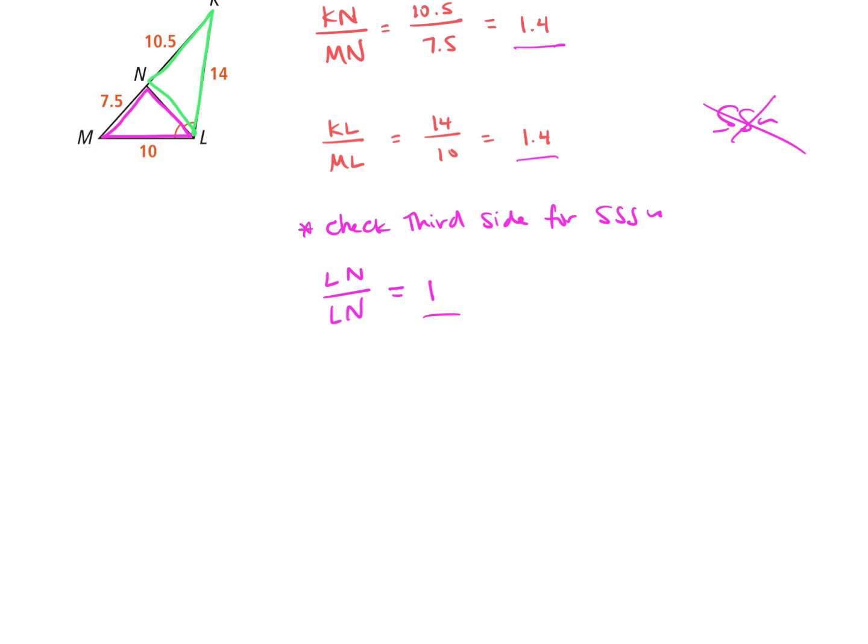So are the triangles similar? Two of the ratios are the same, but we had to check the third side. The ratios are different, so the triangles are not similar.